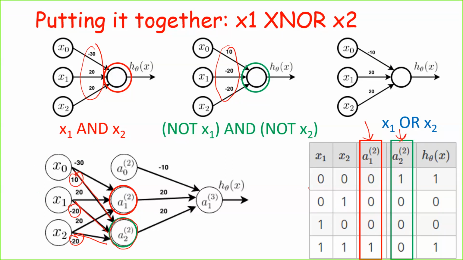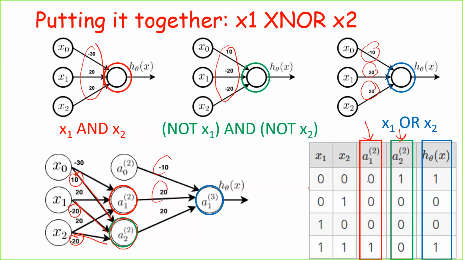Now you are giving this as the input for the next layer, and that is the OR gate: -10, 20, 20. So 0, 1 input, output is 1; 0, 0, output is 1; 1, 0, output is 0.